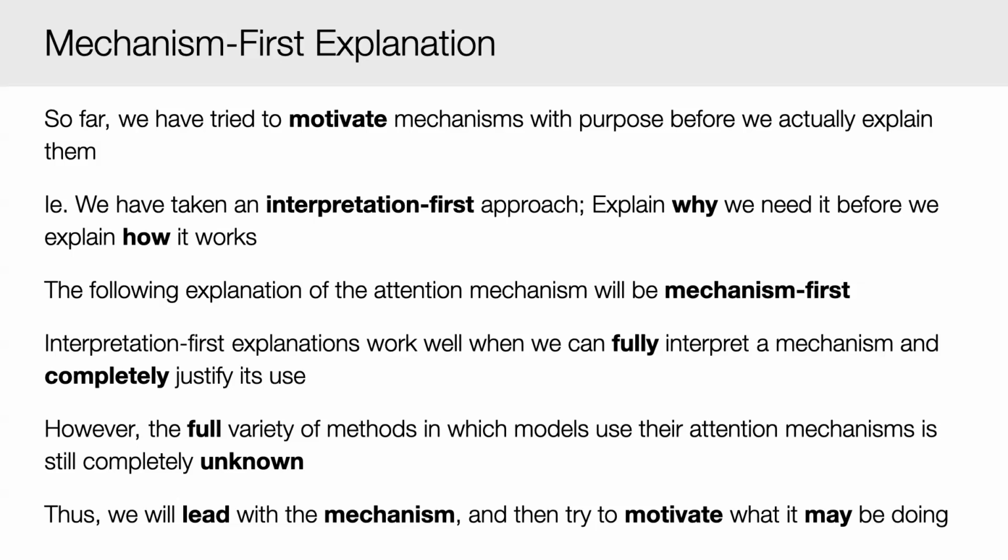The reason is that interpretation-first explanations really work well when we can fully and completely justify how a mechanism works. But the full variety of ways in which models use their attention mechanisms is still very much unknown. Thus, we will lead with the mechanism, and then try to motivate how that mechanism may be used.